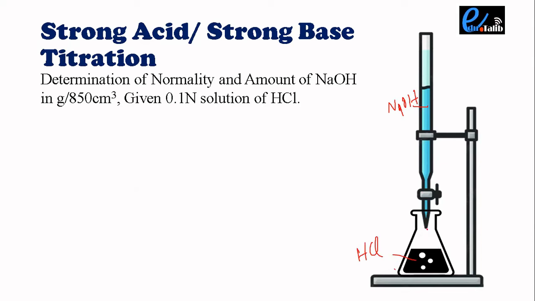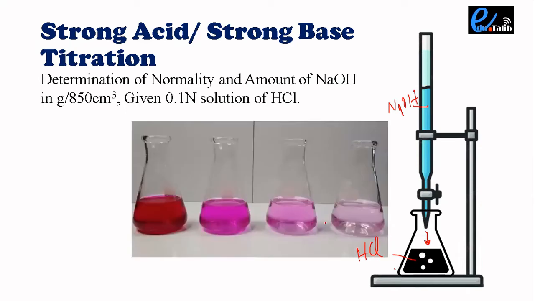What happens? You insert drop by drop, and there will be a decrease in the volume of NaOH, which is consumed in order to react with the HCl. At last, there would be a color change in the conical flask.